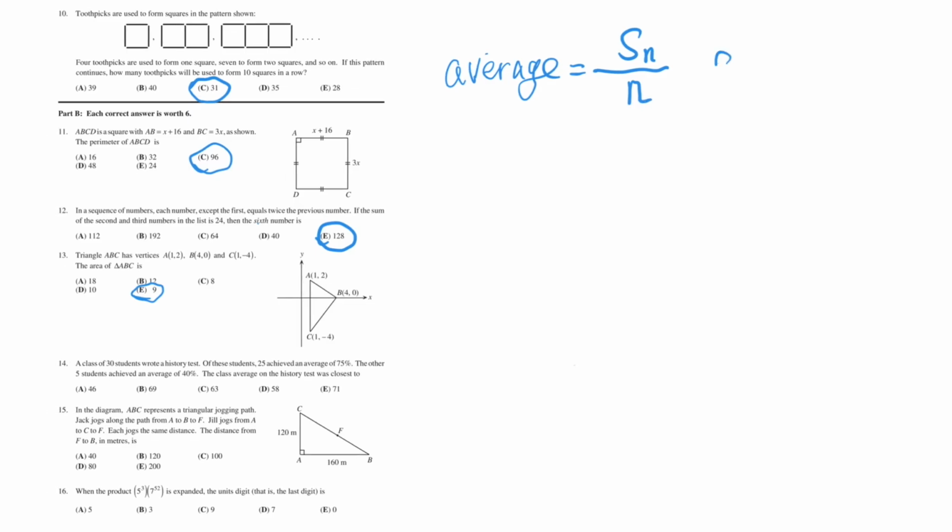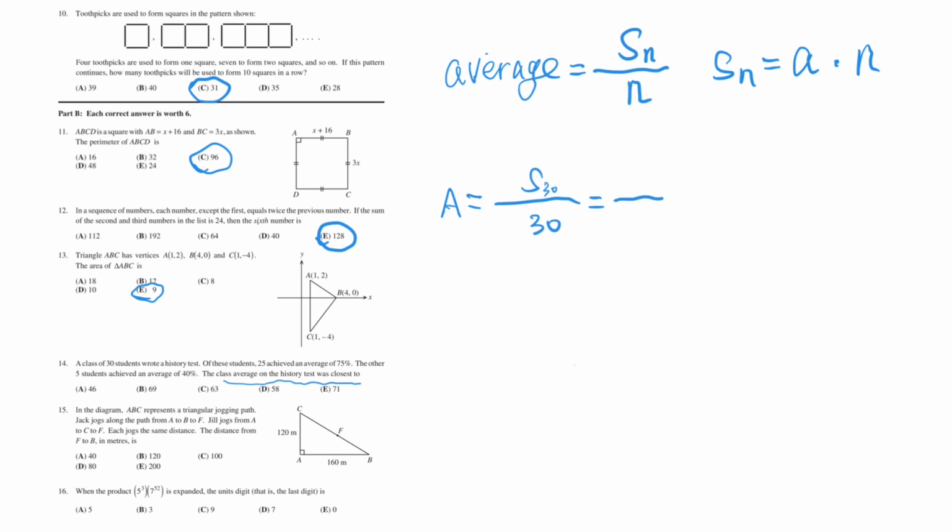Also, the sum of the numbers equals the average times the number of numbers. In this problem, they ask the average on the history test. So the average equals the sum of the 30 students divided by 30.